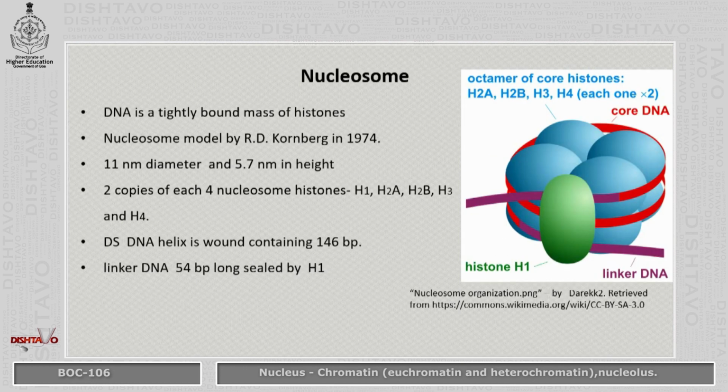When we are studying the molecular organization of chromatin material, we have to understand that chromatin is suspended in the nucleoplasm during its interphase stage. As the cell cycle proceeds, the nucleus also shows some changes.